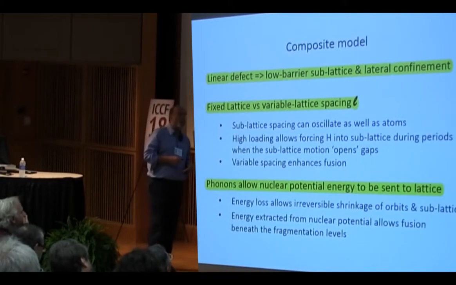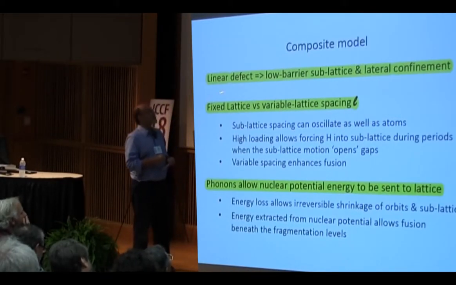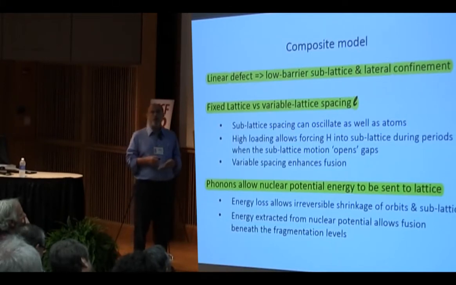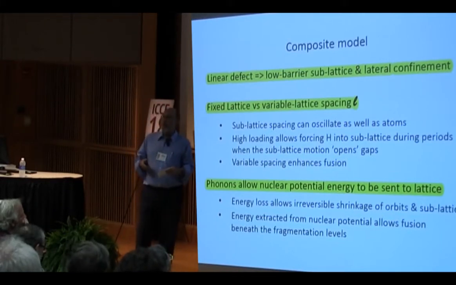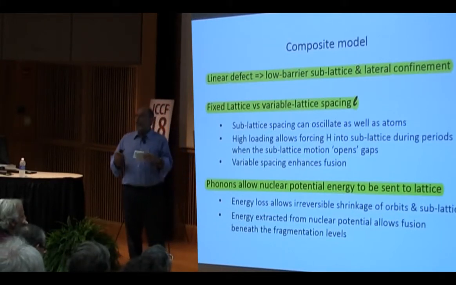Okay, so now if we put these models together, we have a linear defect which has a low barrier between the sublattice components, and you have lateral confinement. When you go from a 3-dimensional molecule or atom to a 2-dimensional one, your hydrogen ground state drops deeper down.